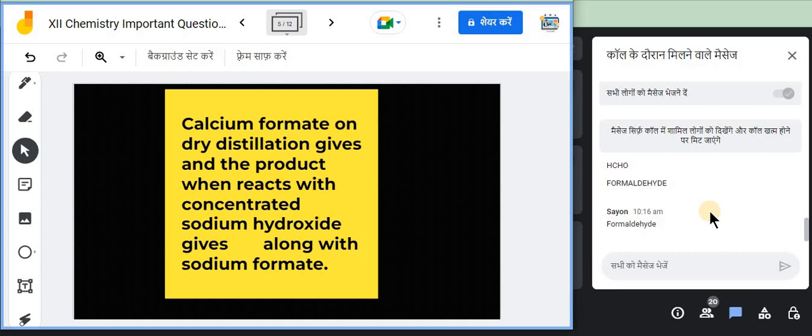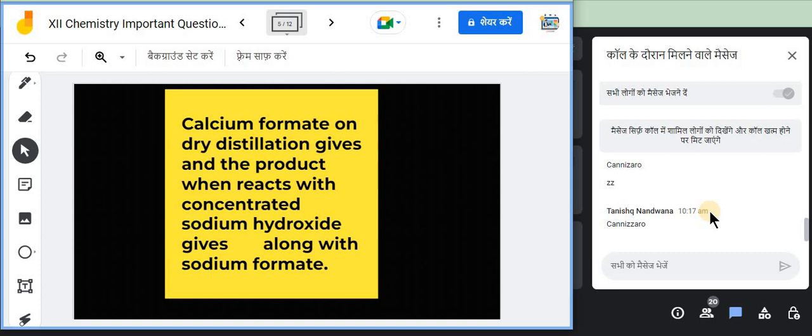When formaldehyde reacts with concentrated NaOH, what is the organic name reaction? Yes, it is the Cannizzaro reaction. So this question had two questions. One was dry distillation of a calcium salt. The second is the Cannizzaro reaction.